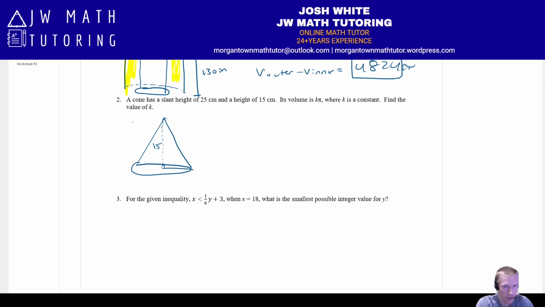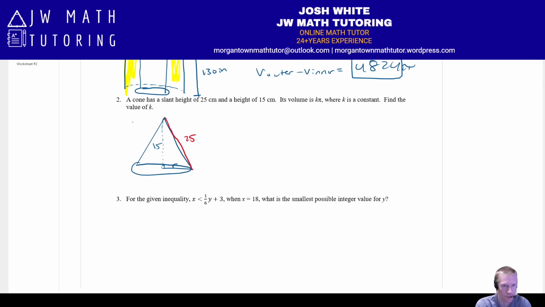We've got the slant height, which is basically like right here. It's the hypotenuse of a right triangle, 25. And we want to find the volume. And again here, we want the constant that is attached to the pi. So we're basically just ignoring the pi.